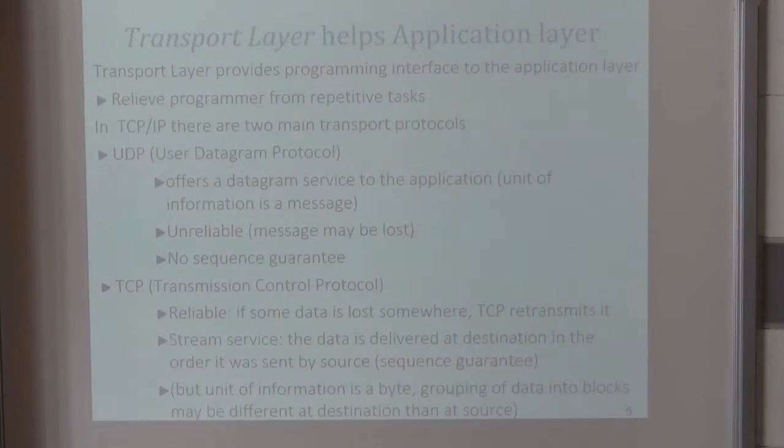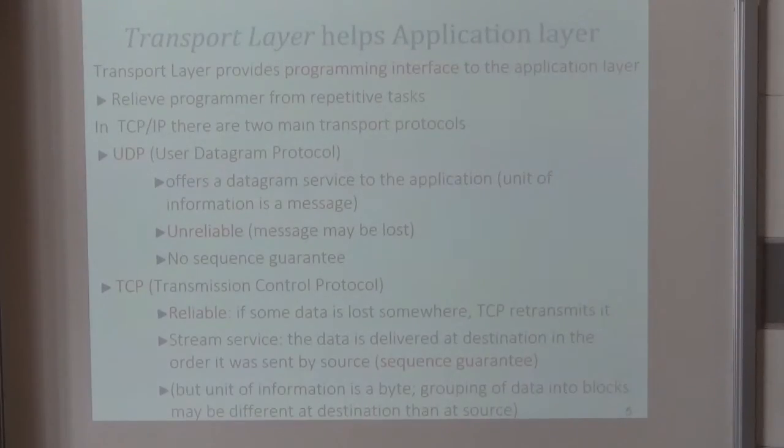The service means the interface between the application layer and the transport layer itself. If I have to send a block of data from one place to another, I don't need to worry about whether this data is put in IP packets, what is the header, all that stuff. This is hidden from you by the transport layer.